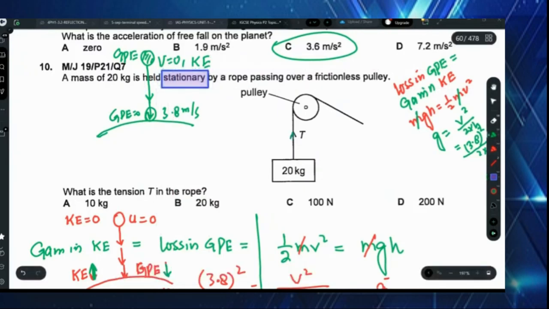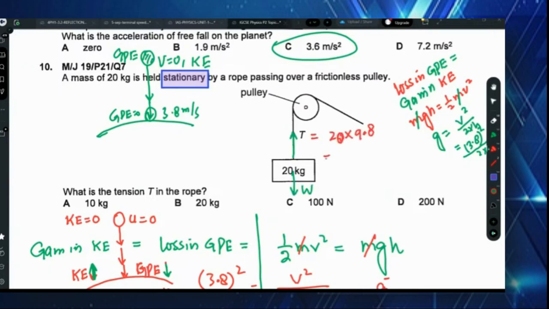So tension will be the same as its weight. That's the trick for this question. So tension will be 20 times 9.8, which is almost 200 Newton.